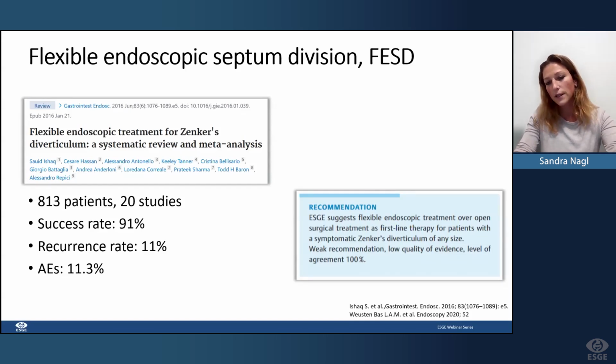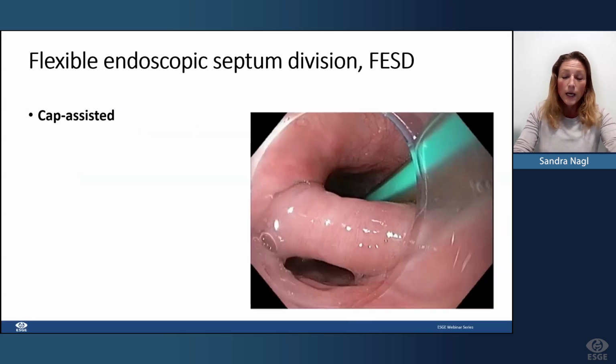That's why the ESGE guidelines from 2020 suggest flexible endoscopic treatment over surgical treatment as the first-line treatment for Zenker's diverticulum when symptomatic, of any size. You can enhance the technique by using a cap to stabilize the position of the scope and to have a better distance and overview of the septum.